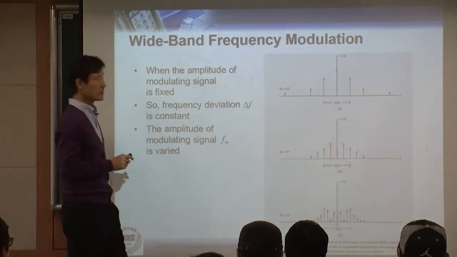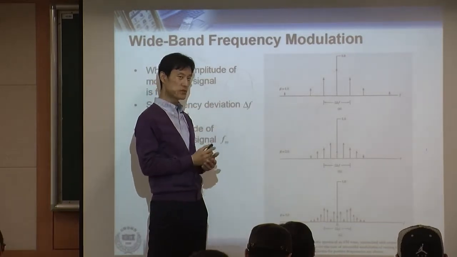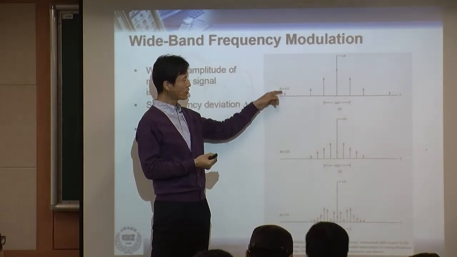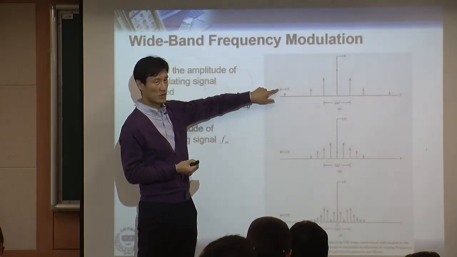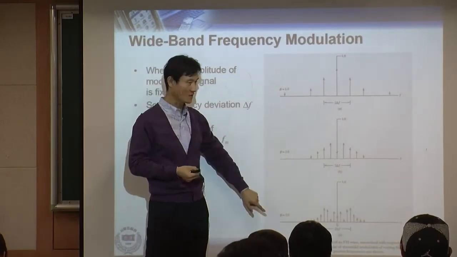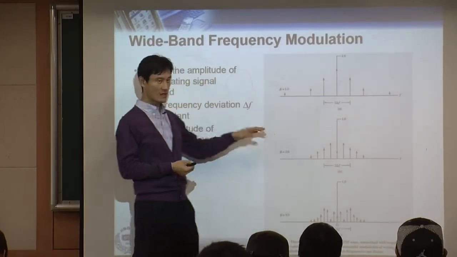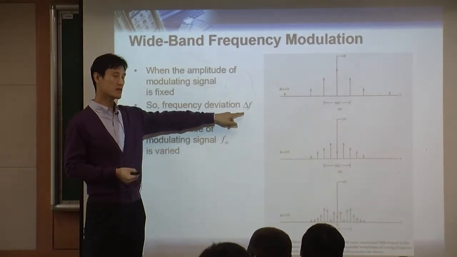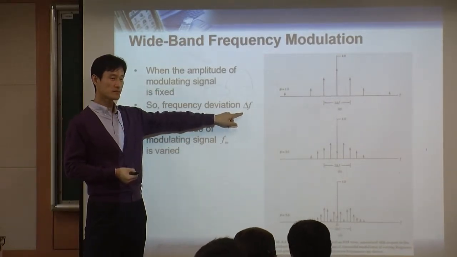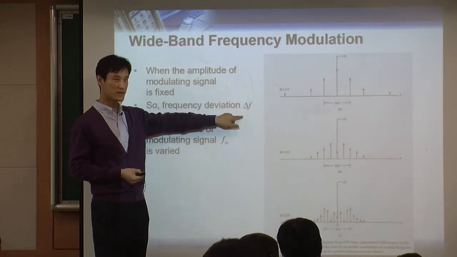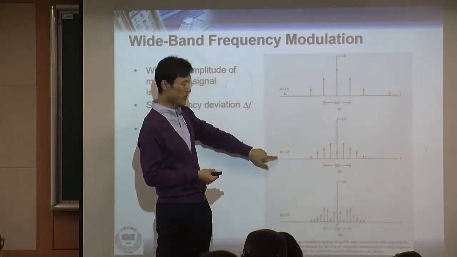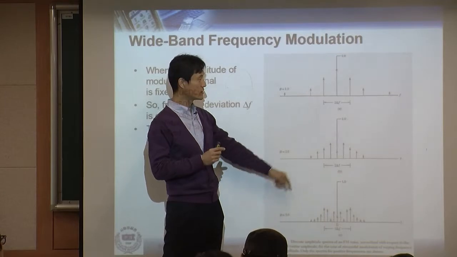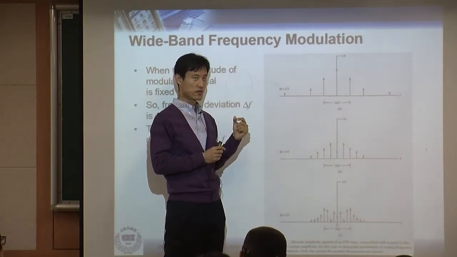Go to the next slide. This one is actually pretty much the same thing. The first picture is beta equal to 1, beta equal to 2, beta equal to 5. But in this case, we are going to fix the delta F. Delta F is constant. If delta F is constant but we want to change the beta value, what you need to do is Fm has to be changed.